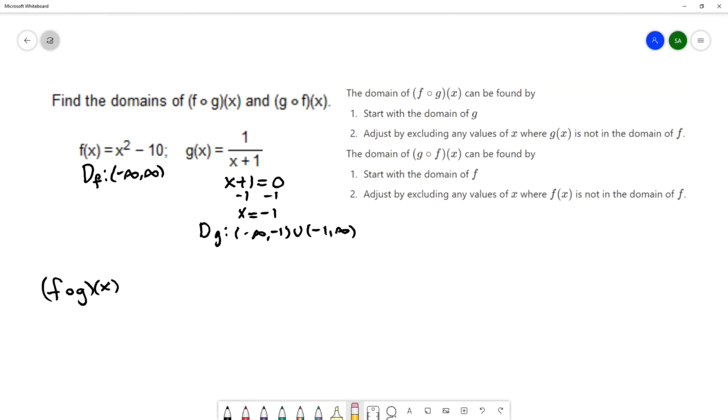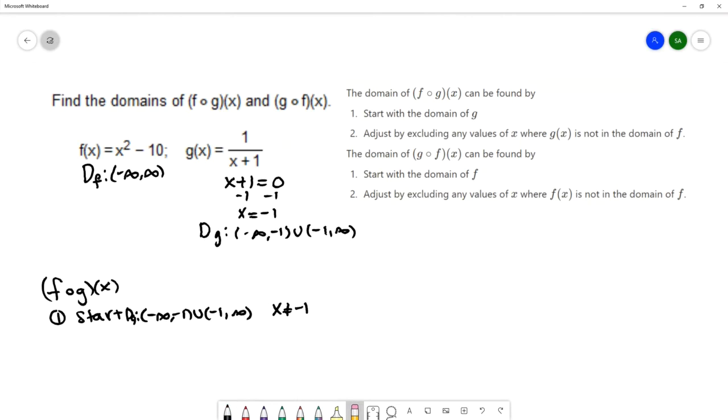We're starting with the function that's on the inside, the one that's listed second. So our starting domain is negative infinity to negative 1, union with negative 1 to infinity. That's the domain of g. So we already have a restriction that x cannot equal negative 1 because of g.